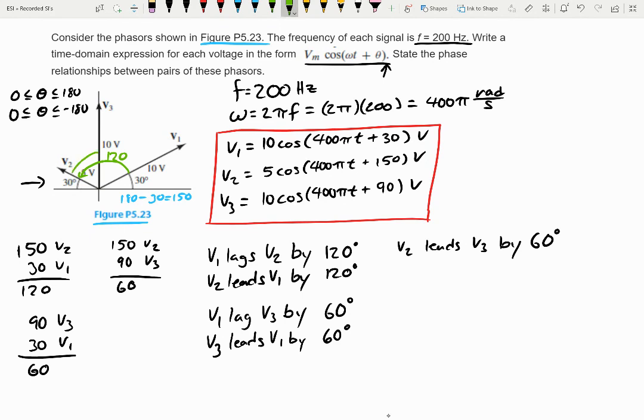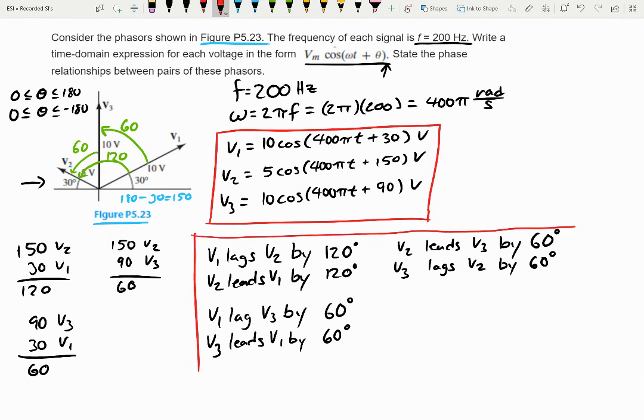So right here, 60 degrees, and then right there is also 60 degrees. And then, of course, the other way of saying that is V3 lags V2 by 60 degrees. So it's just whatever's leading and whatever's following, and whichever one's ahead of the other is considered to be the leading one. All right, so just a quick general concept with that. We're going to see where that comes into application in just a bit.